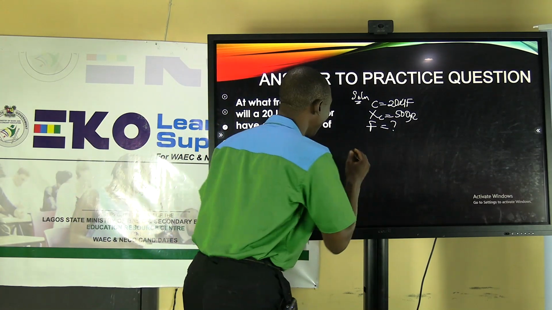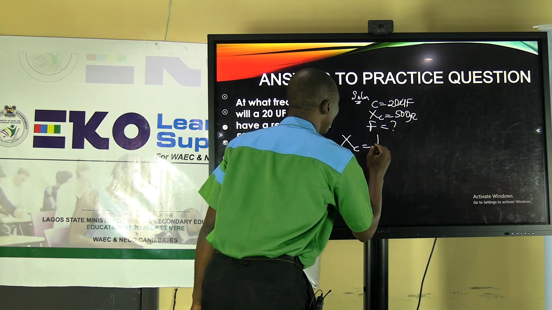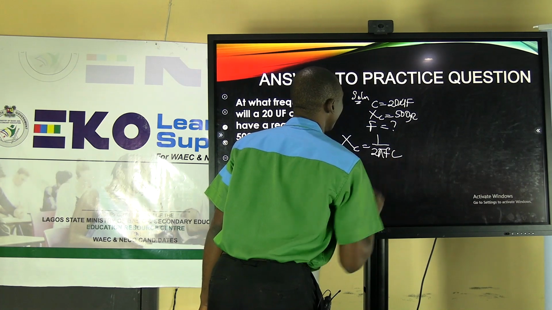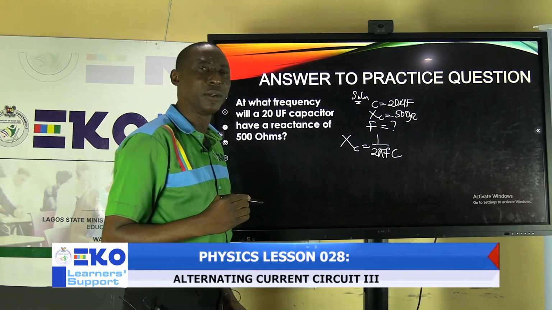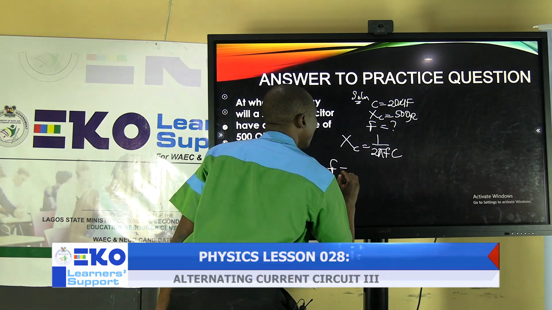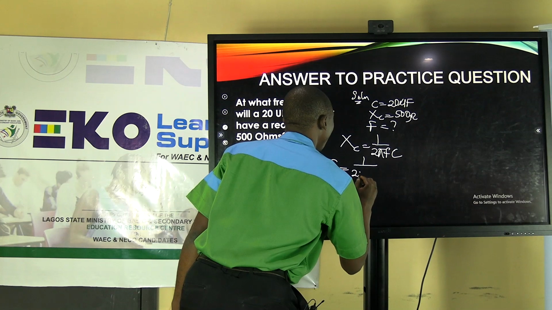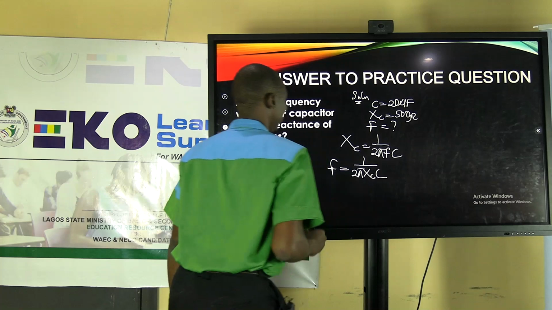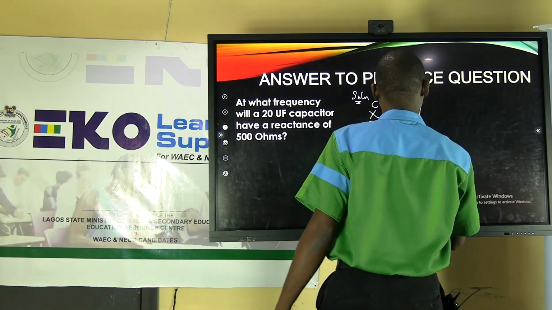Based on what we have there, our X_C equals 1 over 2 pi f C. So we are looking for f. That means we make f the subject of the formula. Then we have f equals 1 over 2 pi X_C C. Can we move to this side?